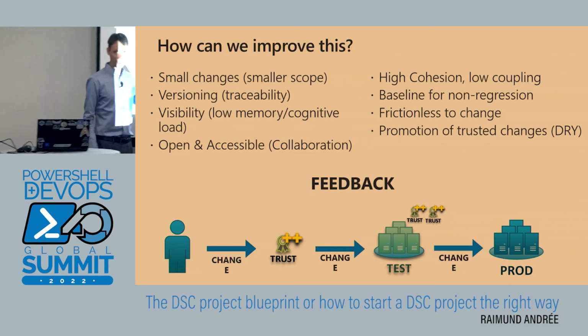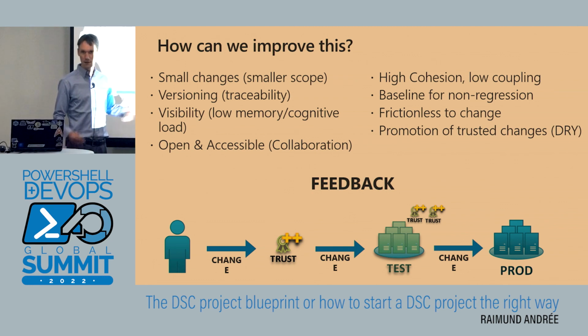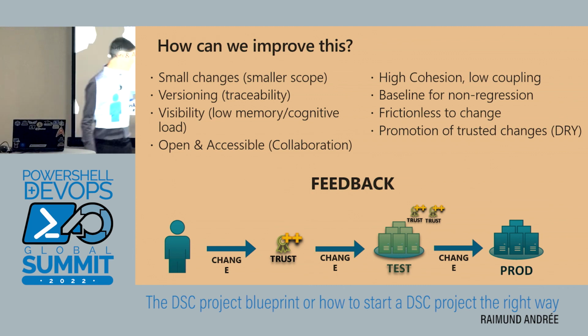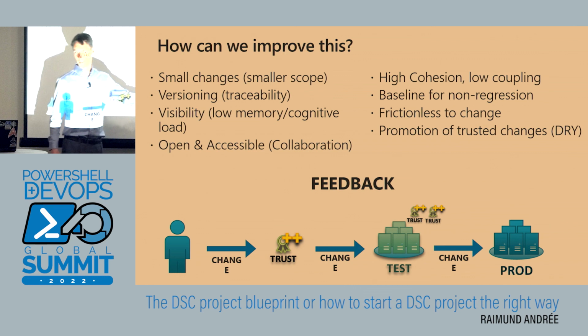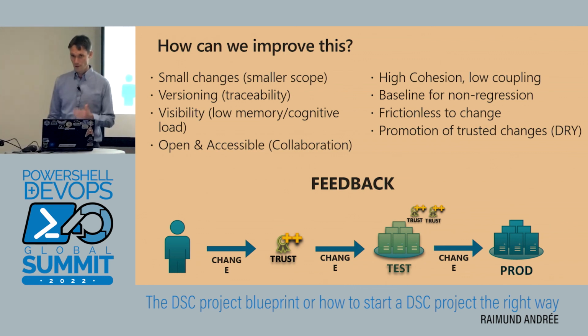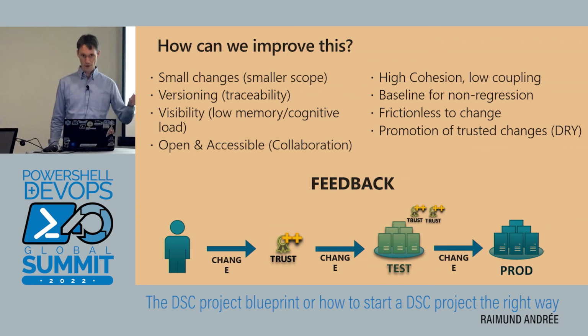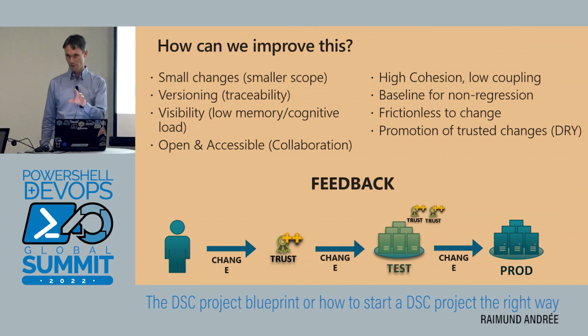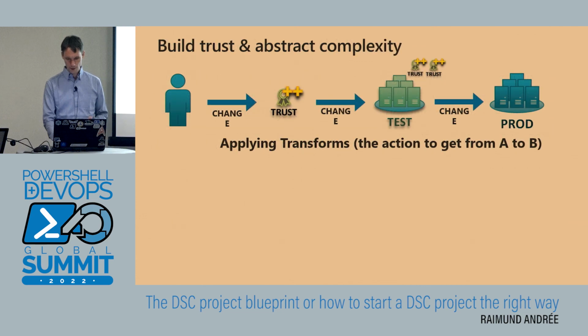If this works at all, then you get the feeling of some certain trust because you know your script is working. With the script, you go to the test environment and do the same thing there. And if it works, then you add trust because now you know, okay, it's not only working on my local machine, it also works in our test environment, which has some relationship to the production environment. So let's go to the production environment. That's how it went previously. So how does this relate to promotion of trusted changes?